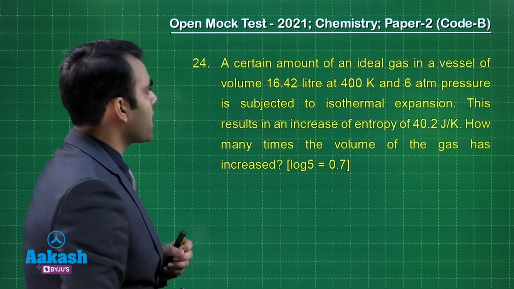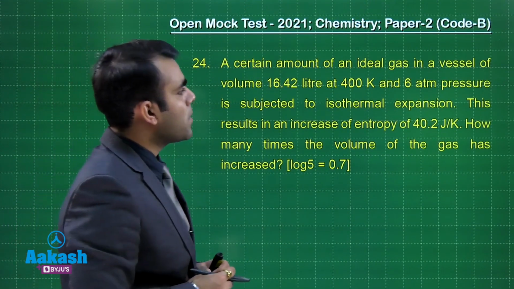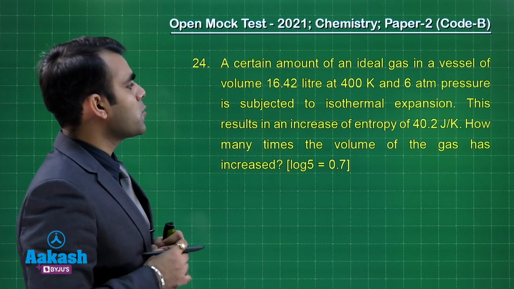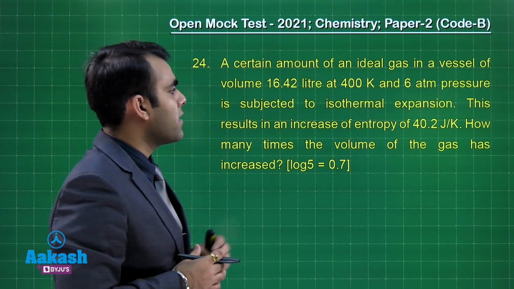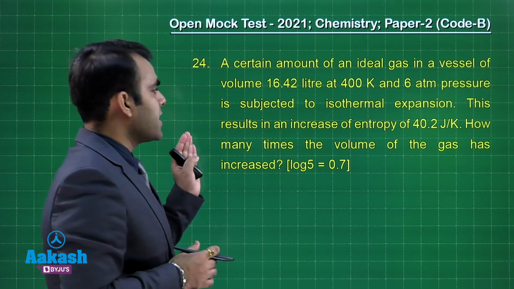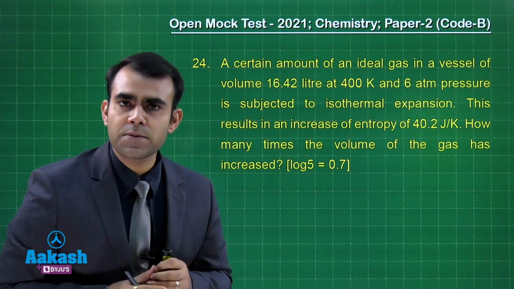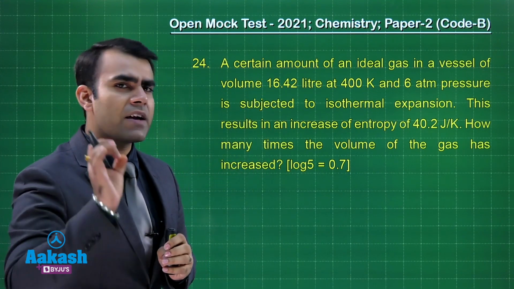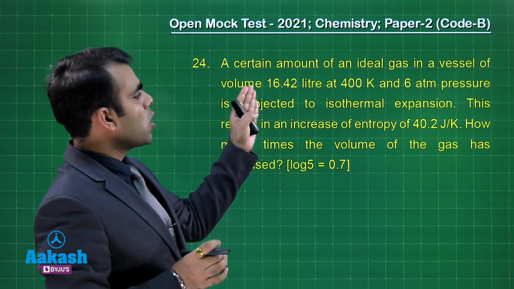Now moving on to my next question. A certain amount of an ideal gas in a vessel of volume 16.42 liter at 400 Kelvin and 6 atm pressure is subjected to isothermal expansion. So here we have been given pressure, volume and temperature.